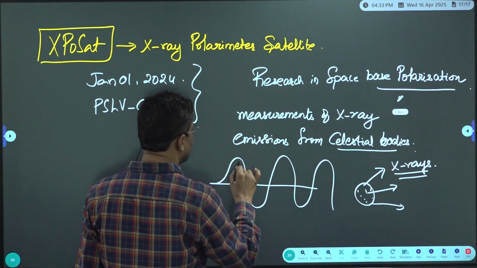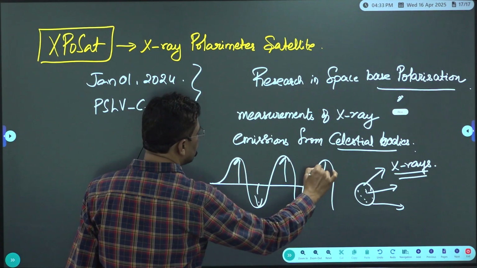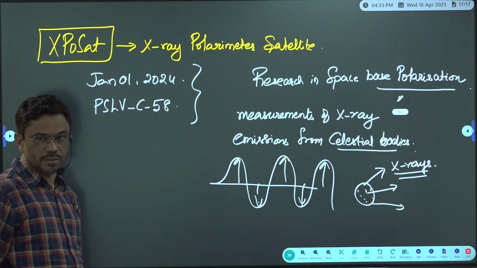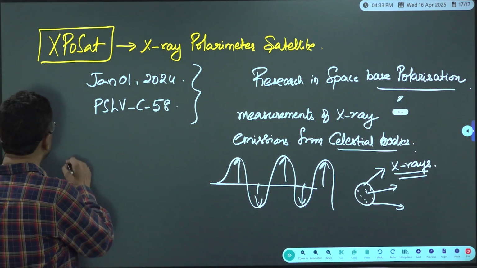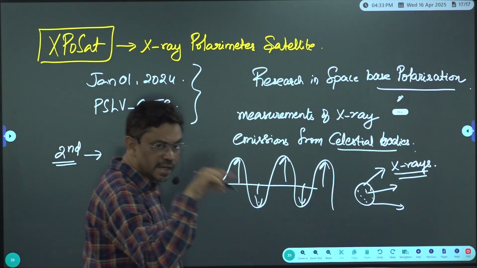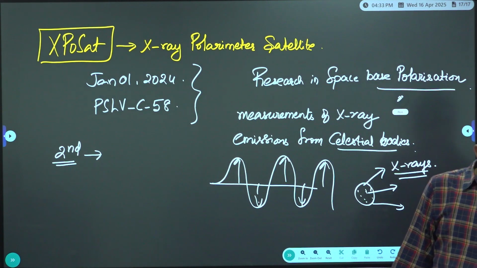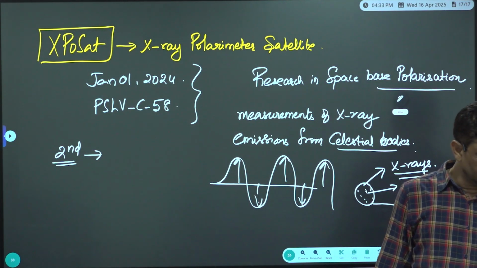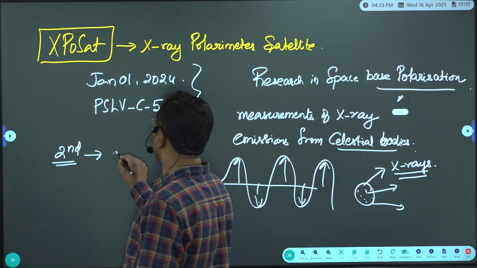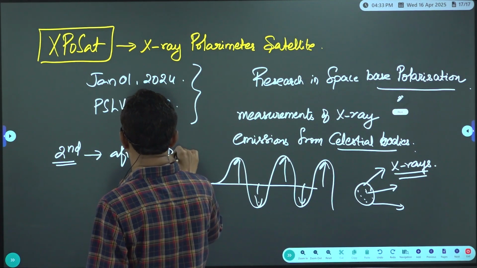This is the first satellite of India to observe polarization measurements, and it is the second dedicated satellite in the world. So this is the world's second polarimetry mission, after NASA's IXPE.